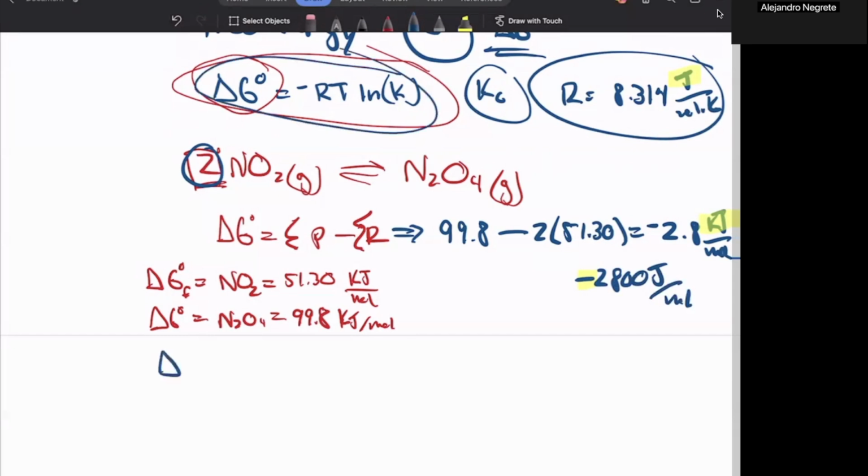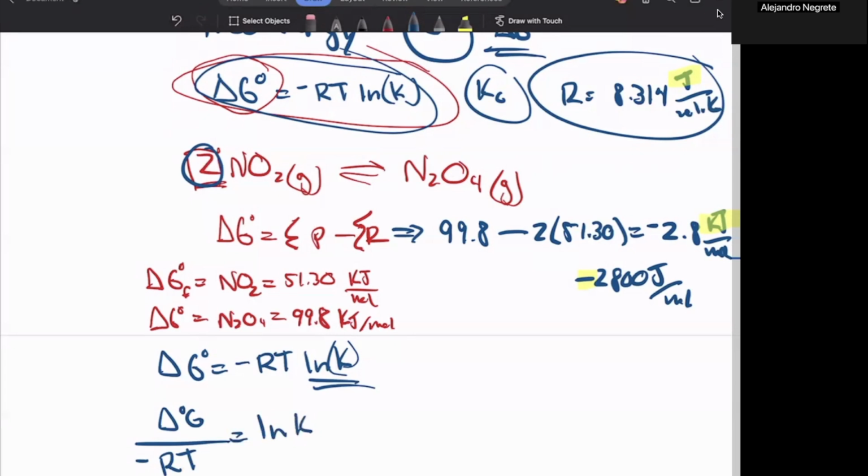So let's take the formula that we learned in the last chapter and rearrange it, because we want to solve for K. We're going to say delta G over negative RT is equal to the natural log of K. Let's input some of these values.